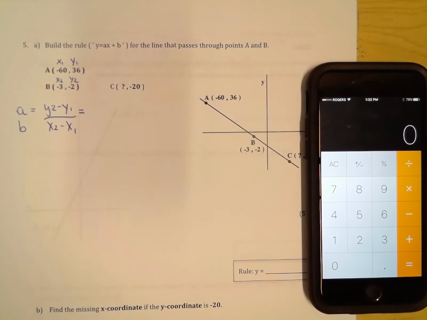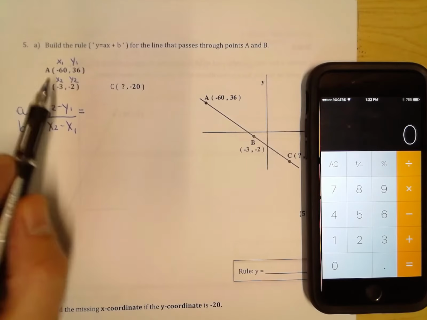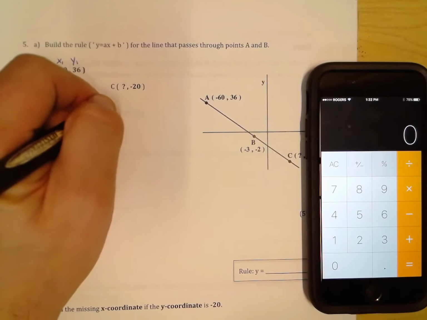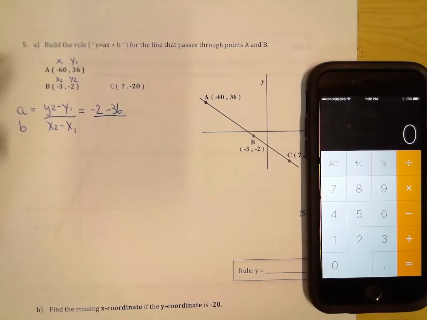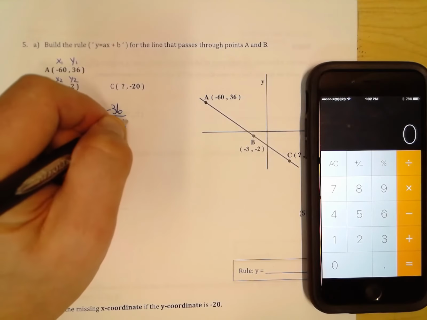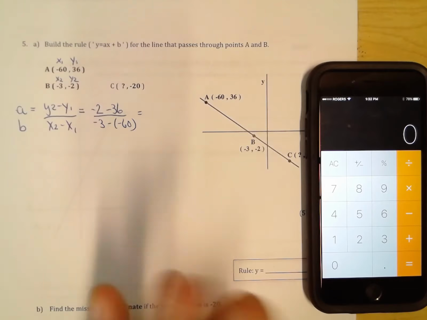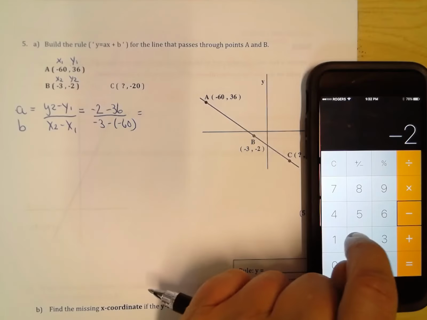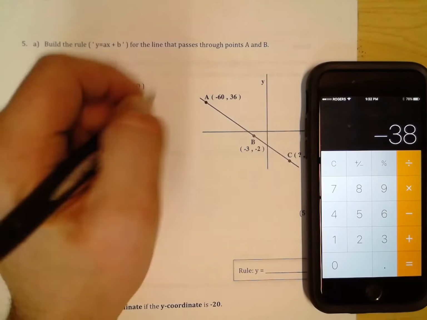And so we can go ahead and do the substitution now. y2 is negative 2 minus 36. Divide that by negative 3 minus negative 60. I'll simplify. So negative 2 minus 36 is negative 38.